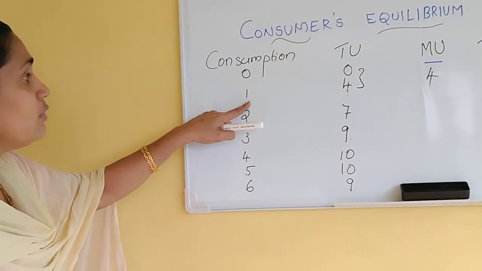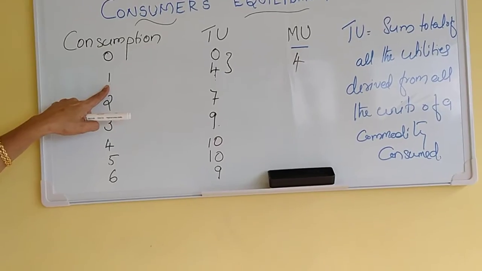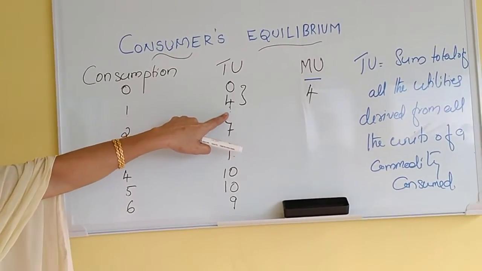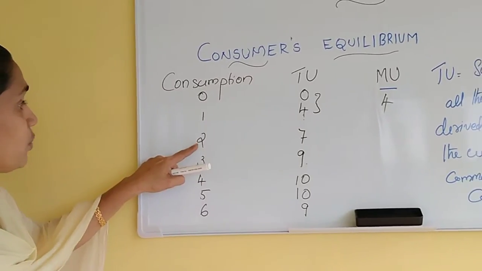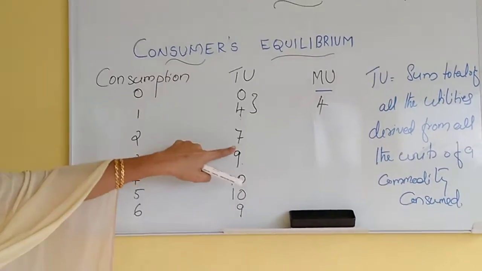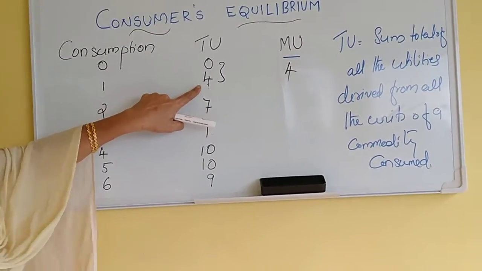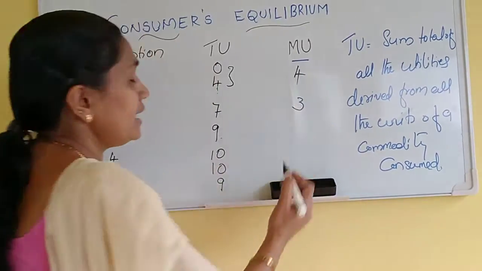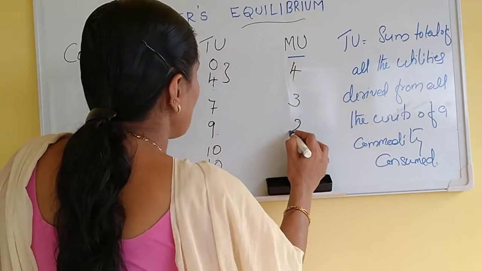When we consume 1 unit of a particular commodity, total utility is 4, 4 minus 0, 4. Then we are consuming the second unit, total utility increased from 4 to 7. The difference between 7 and 4, that is 3. 3 is the marginal utility. Then here 2 is the marginal utility.